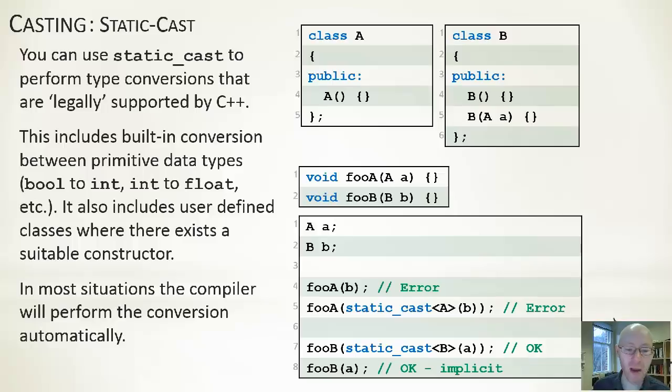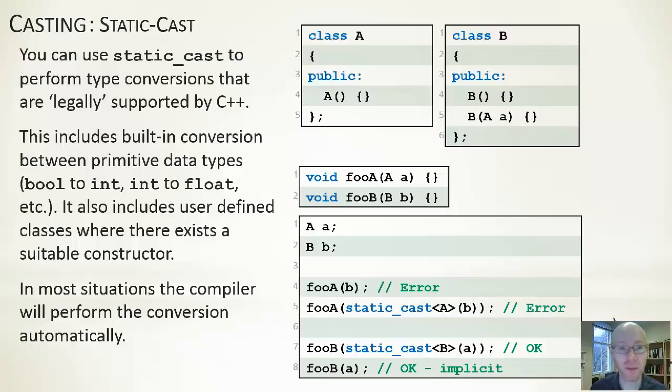So here we're calling foo B, and foo B accepts an instance of type B, but we only have an A, so we're using our static cast, and we're saying take this instance of A and turn it into a B. Whenever static cast sees that, it'll go off to the B definition, look through the constructors, and say, is there any constructor that enables me to construct a B from an A instance?